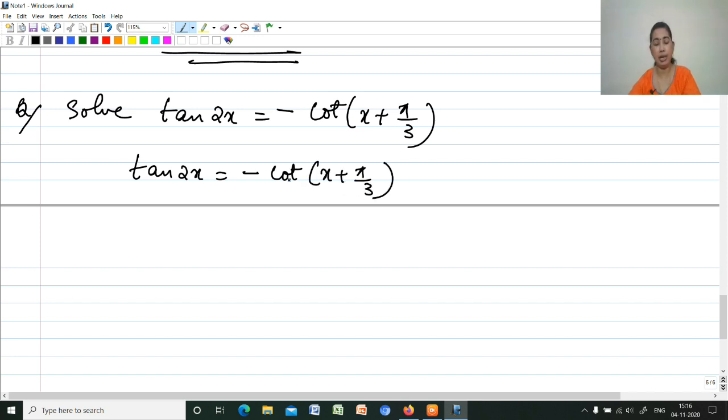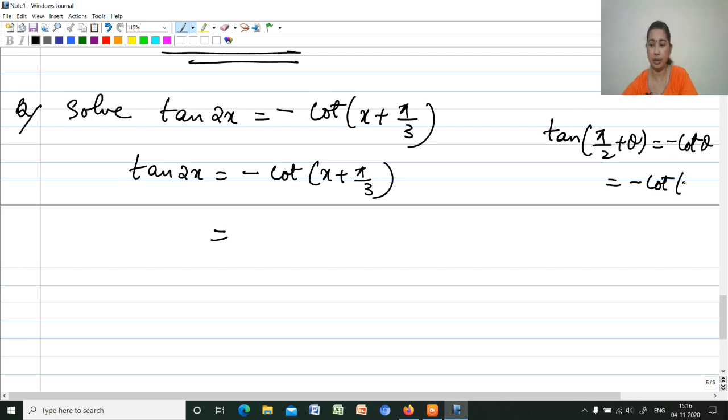Then how can we make it positive? What is minus cot theta? Tan of pi by 2 plus theta is minus cot theta. And here the given value is minus cot of x plus pi by 3. So what will be the left side? Instead of theta it is x plus pi by 3.